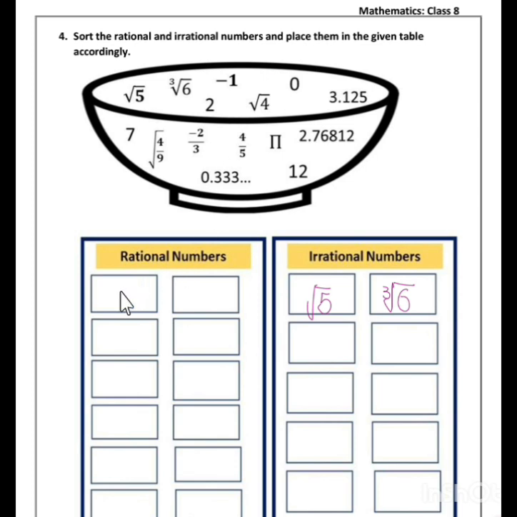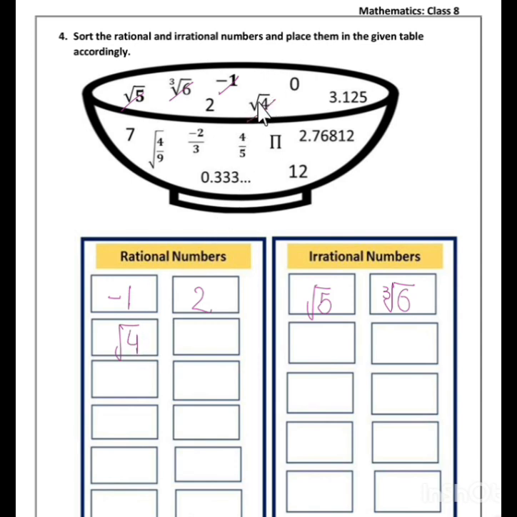Next is minus 1. Minus 1 is an integer, we will write it in rational numbers. Then 2. 2 is also a natural number, hence a rational number. So square root of 4. 4 is a perfect square number, so square root of 4 will be written here in rational numbers.